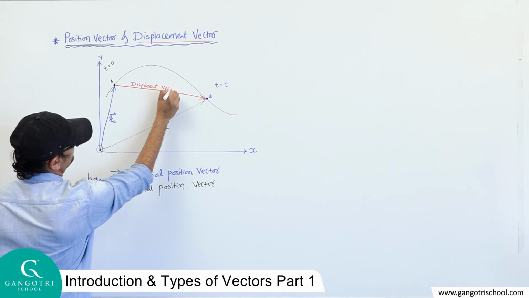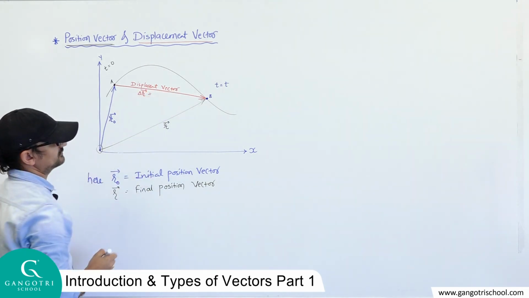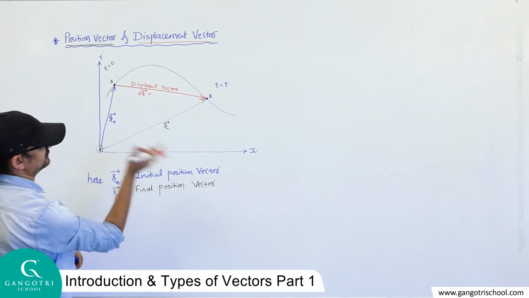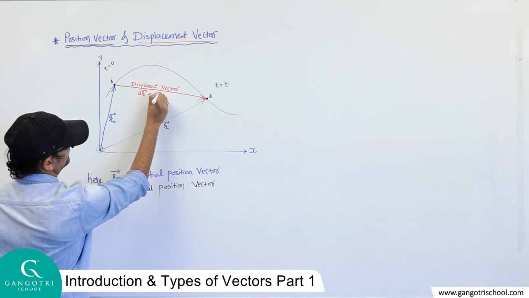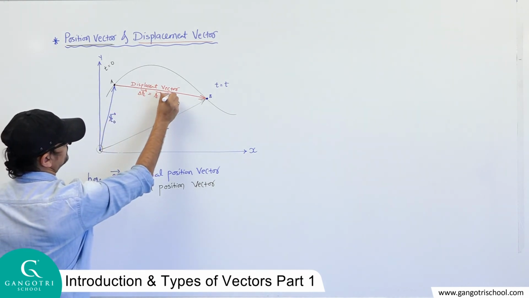Displacement vector is generally denoted by delta R, and always remember displacement means final position minus initial position. Final position vector R minus initial position vector R0.